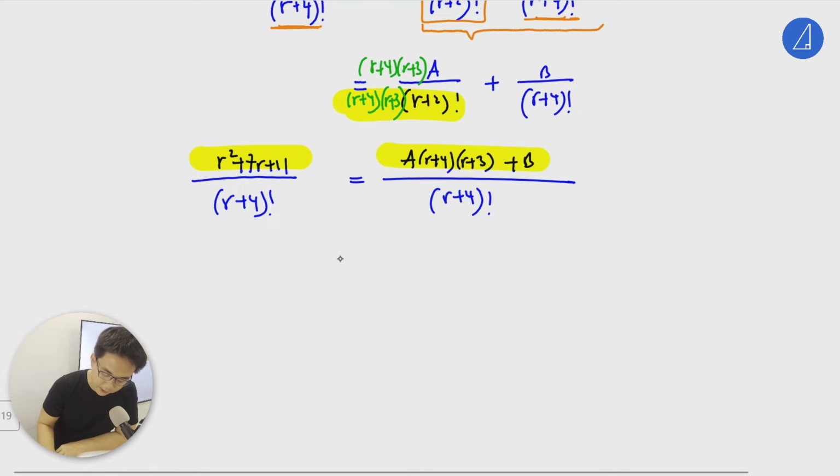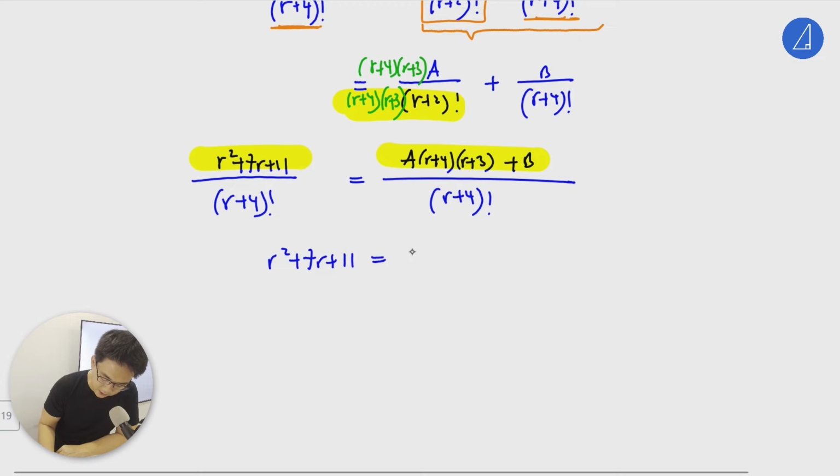You can just expand the top, depends on what you like to do. Or you can substitute the values in. I don't know what to do, I'm spoiled.